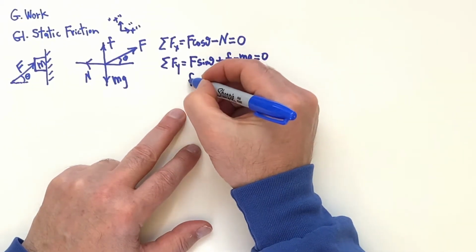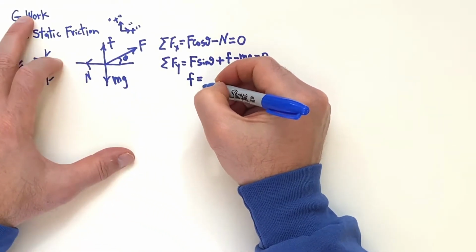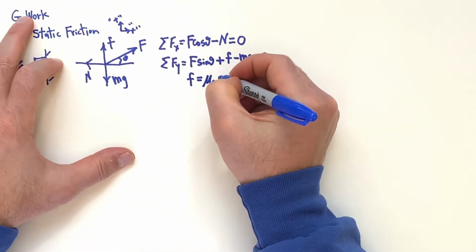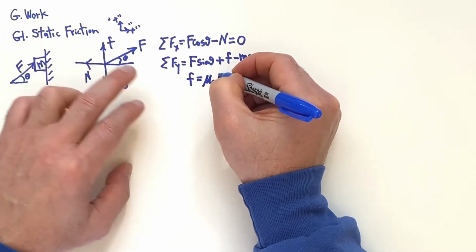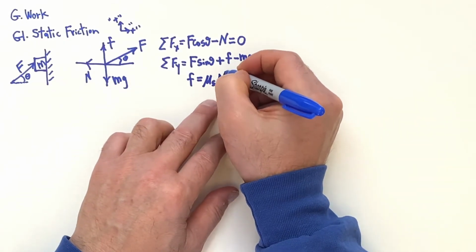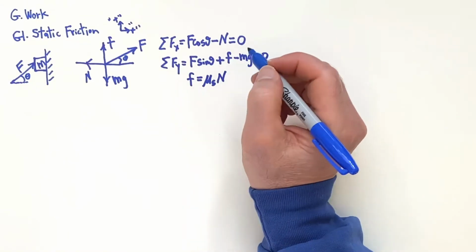Now we're looking at the case where the friction is static friction at its maximum, because here we are just barely holding the mass against the wall. So in other words, it's about to budge and come down. So we have this condition.